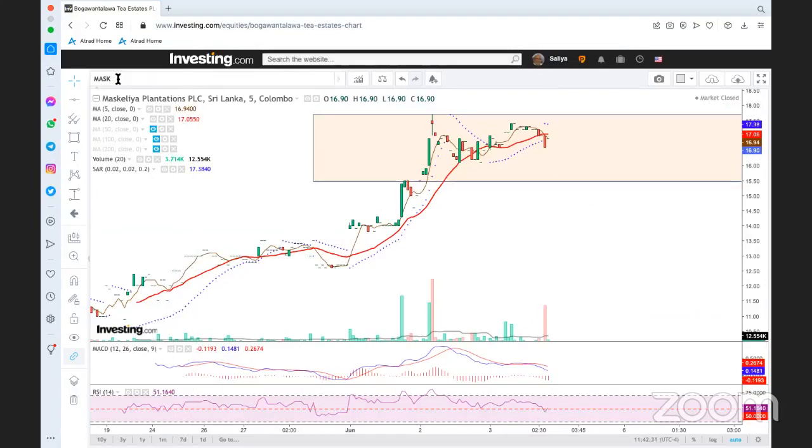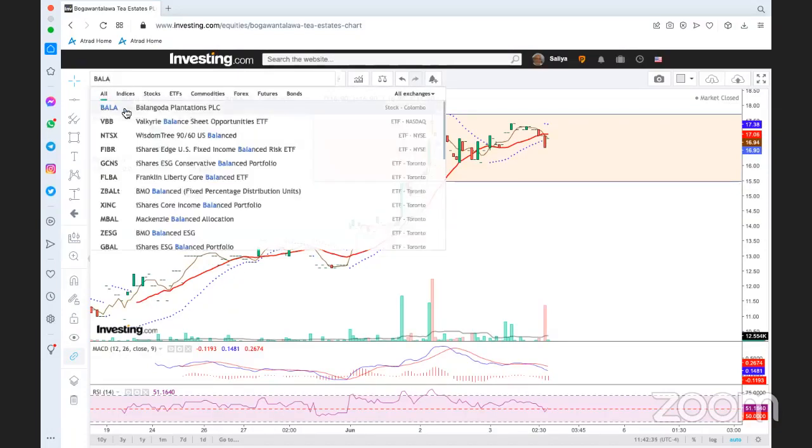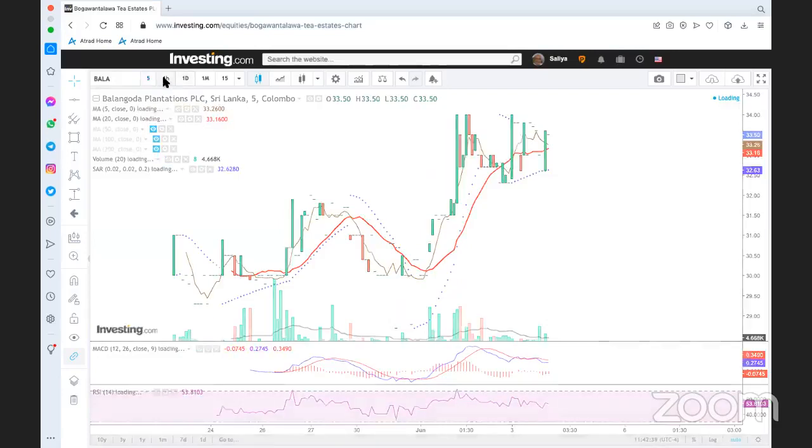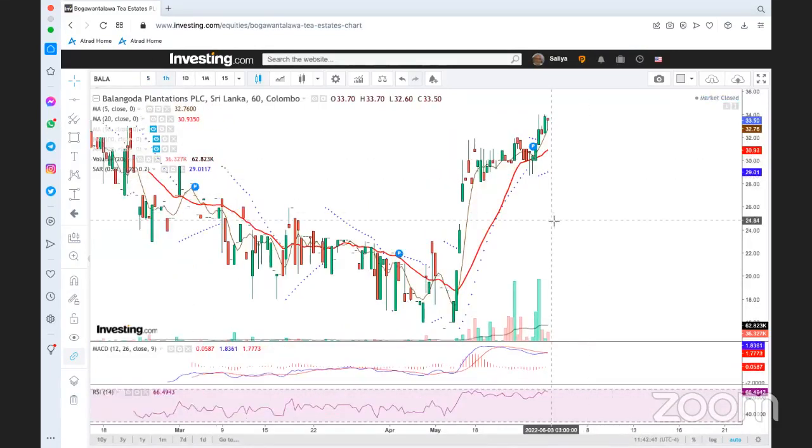Muscalia, that is. Then we move on to Balangoda. First, here, you can see that there is an ascending triangle, right?